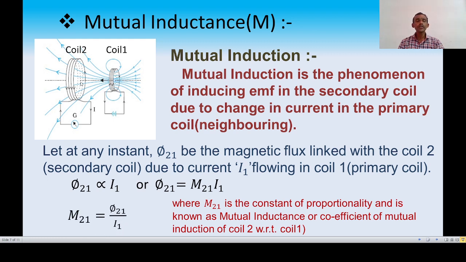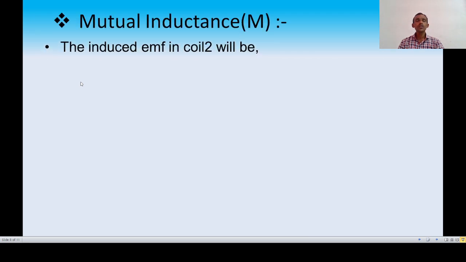Now, we can estimate this mutual inductance with the help of induced EMF also. The induced EMF in coil 2 is written as E 21 is equal to minus d phi 21 divided by dt. If we put the value of phi 21, we get E 21, the induced EMF in coil 2, is equal to minus M 21 into d i 1 by dt.